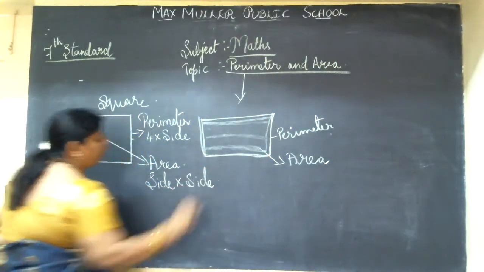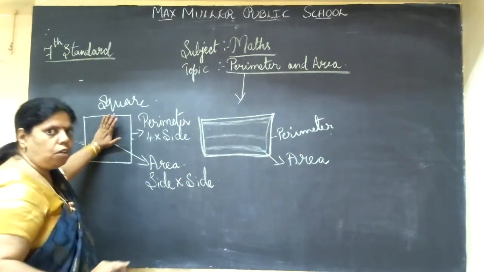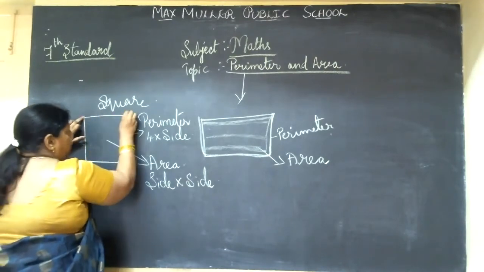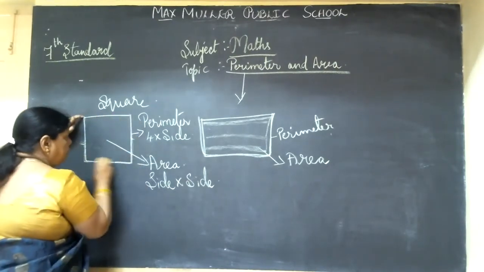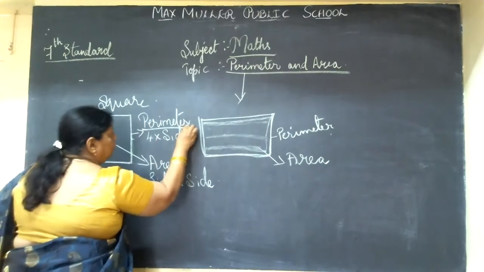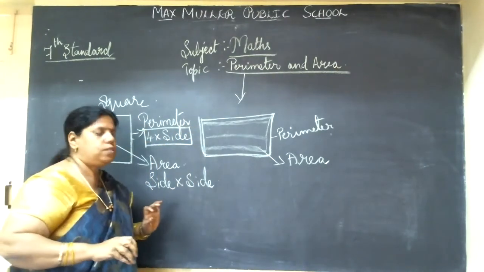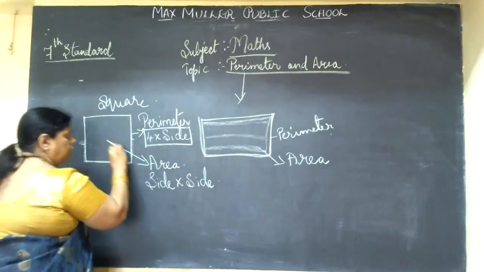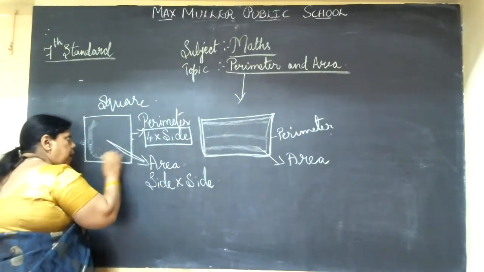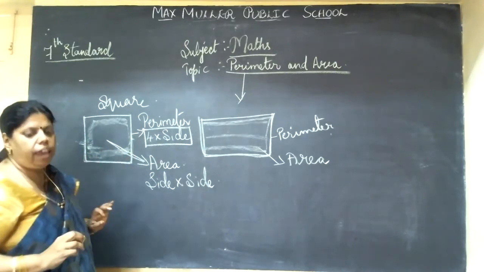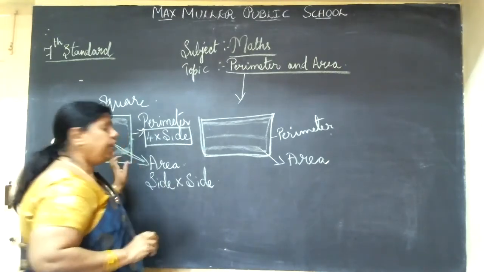I am teaching you again. The outer part of an object, the way you have a border here, this is the perimeter, and the formula is 4 into side. For the area, the inner part, the space occupied inside the object, is the area.